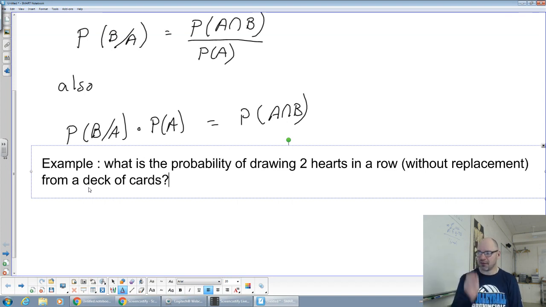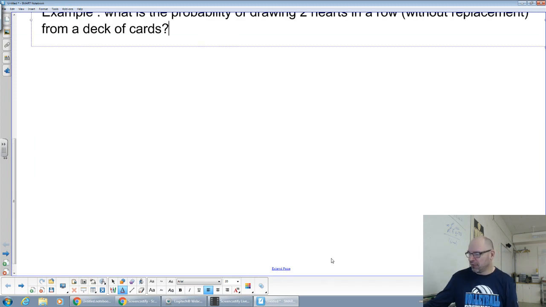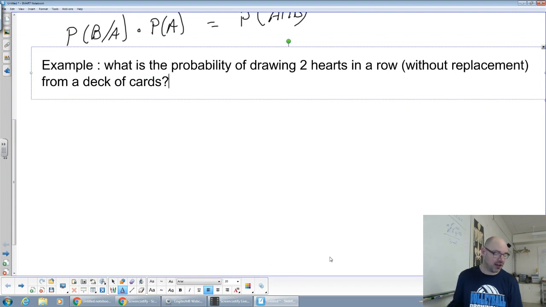Okay, so the first thing you've got to think of is we're looking at what is the probability. We have two events happening here, and we have to say they are dependent on each other. One depends on the other. They are conditional. The second heart is conditional on getting the first heart. If you don't get the first heart on the first card, you can't get the second heart on the second card and be successful.